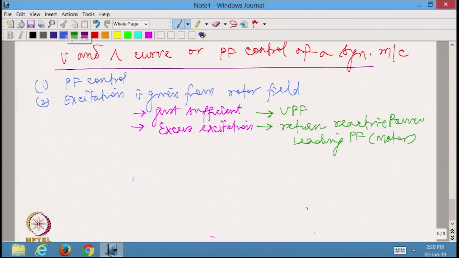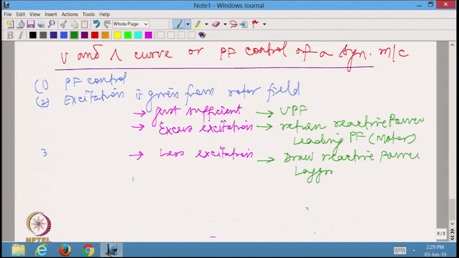And if I am going to have the excitation slightly less or there is a shortfall, then I might have to draw some amount of reactive power from actually the grid, which means I will have to make the machine function as an inductance. So, we are going to see a lagging power factor for the motoring operation of the machine.